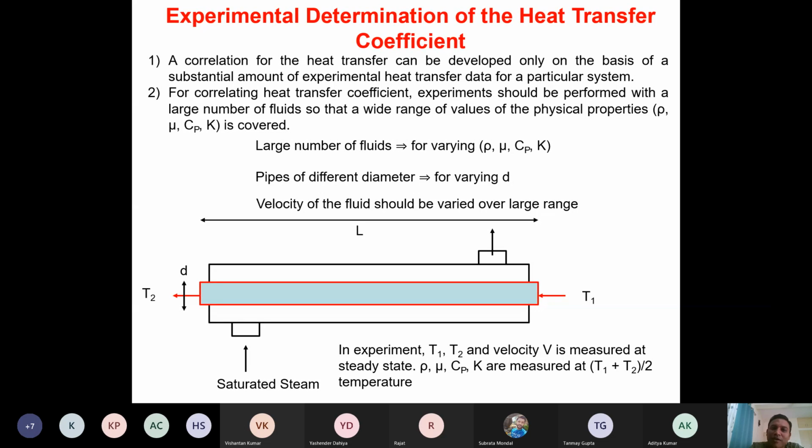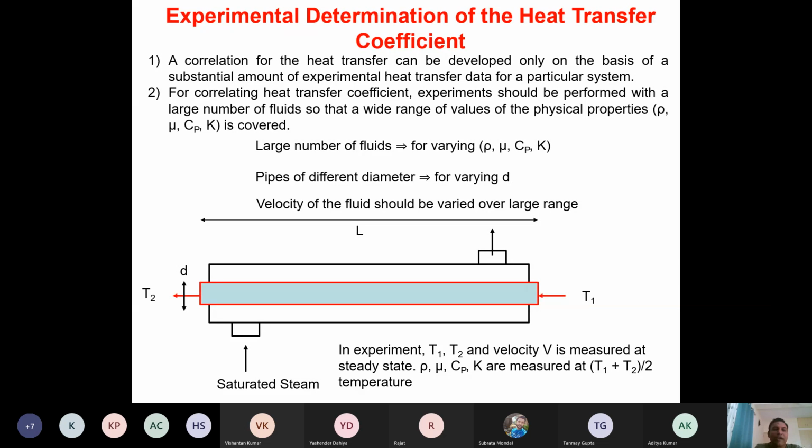Suppose you join some process industry and you are working on some new type of fluid that you are using as a coolant. In that case, what type of correlations would you need to use, and how are you going to develop them?